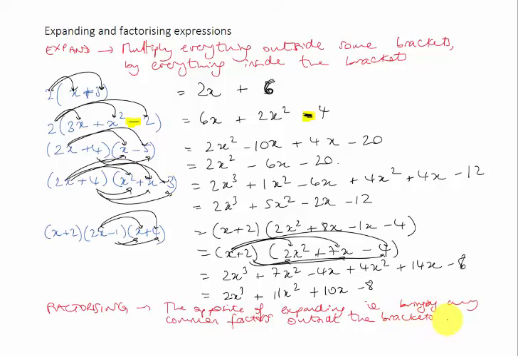And there are ways that one can learn to work backwards from an expression like this back to these two sets of brackets, but we're not going to learn that in this module. It's outside the scope of what we're doing.